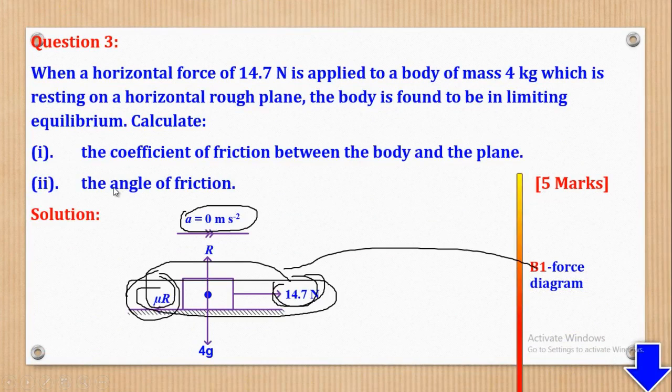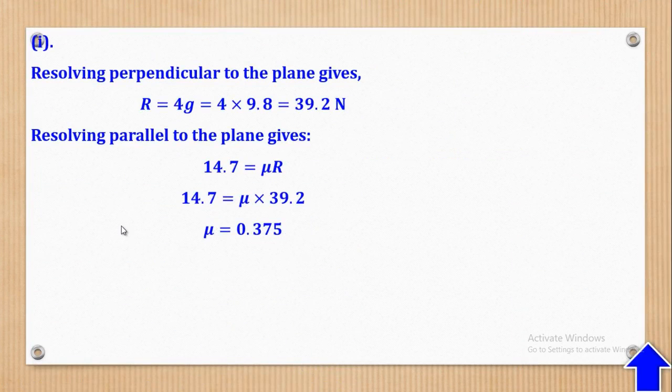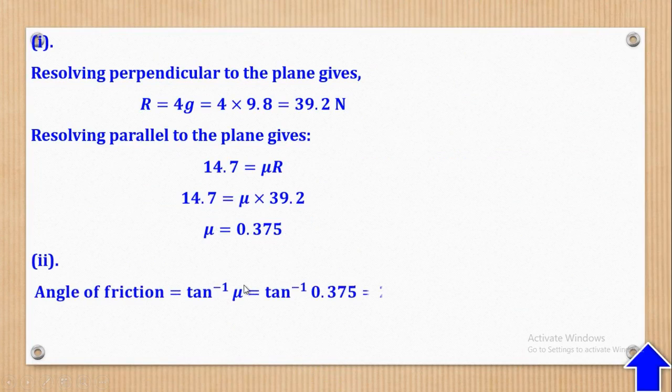Now let's go to Roman 2. They want the angle of friction. So angle of friction is always equal to arctan of mu. Always remember that angle of friction is equal to arctan mu, where mu is the coefficient of friction. So arctan of 0.375 will be equal to 20.556 degrees.